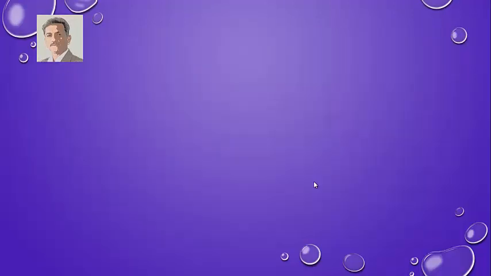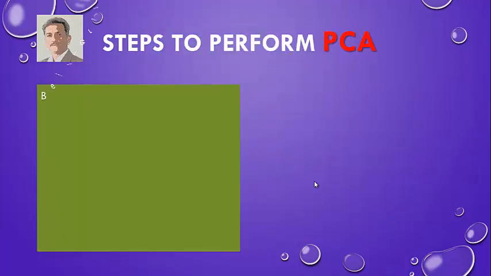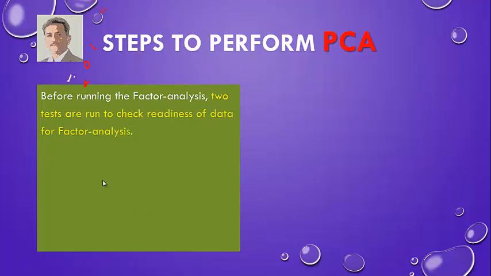There are certain steps we have to undertake for the principal component analysis. These steps are undertaken before running the factor analysis. Two tests are run to check the readiness of data for factor analysis.